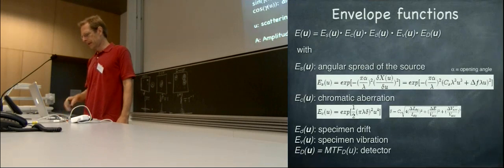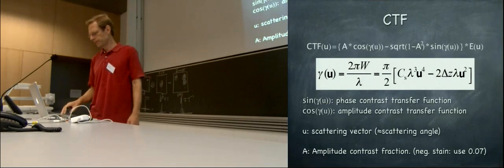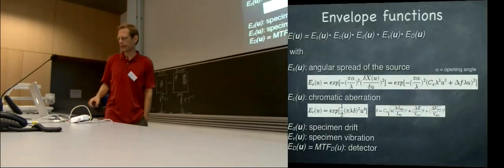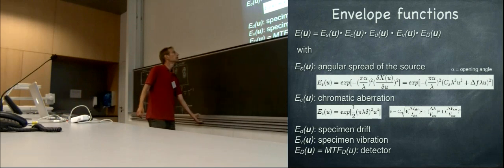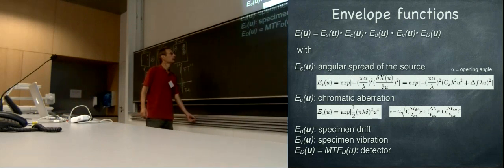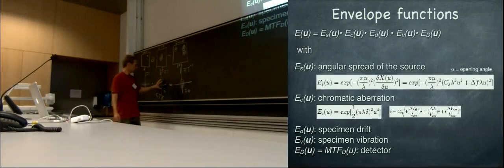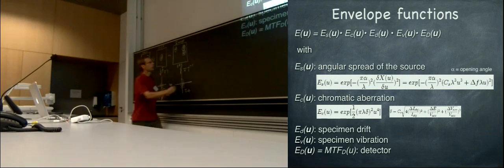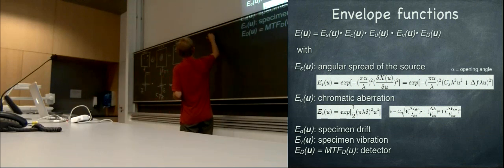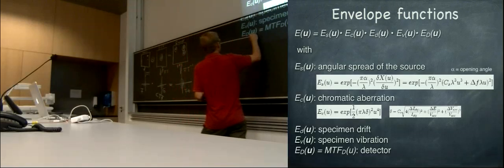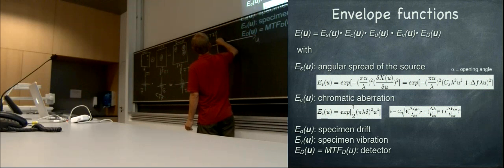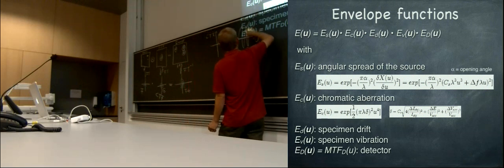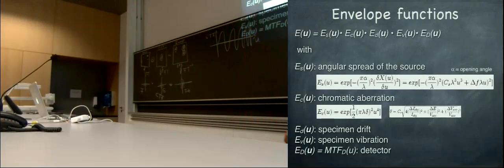And then, in the end, we have this envelope function. So maybe I just write this down for the moment. So this function here, if I only look at the right half of this, we have the contrast transfer function, and that would be the resolution u, and this is the contrast transfer function. It's now the sinus of the phase shift. Yeah?